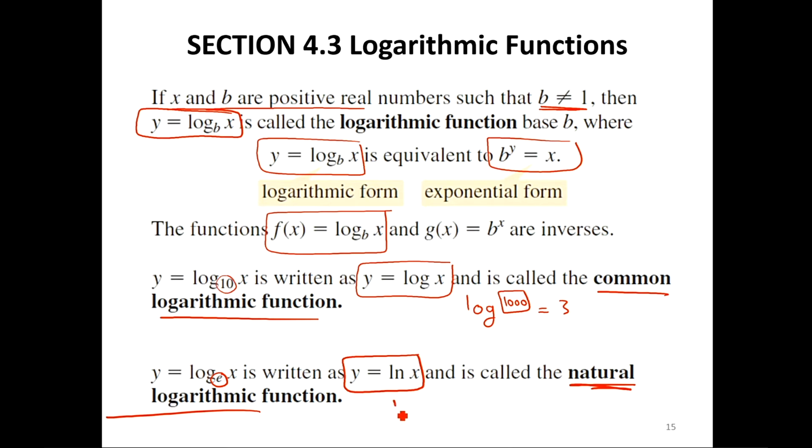So ln x equals logarithm x to base e. For simplicity we do not write log e, this is ln. Okay, ln is the natural logarithmic function.